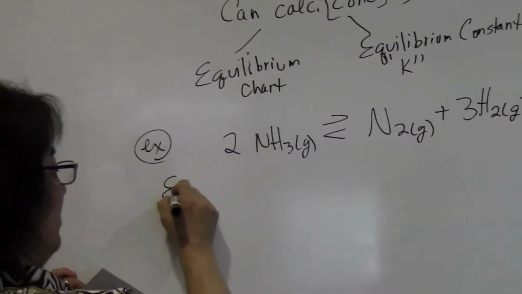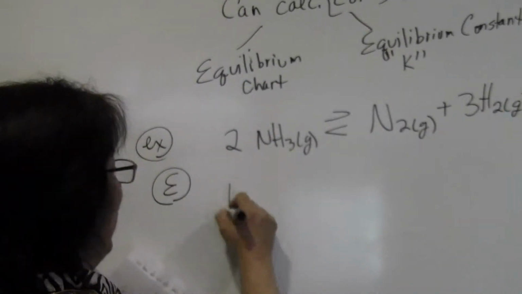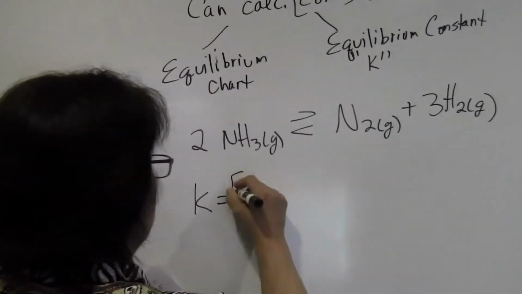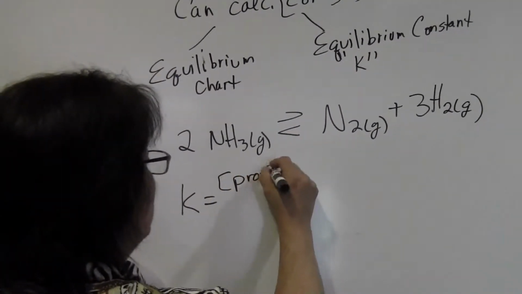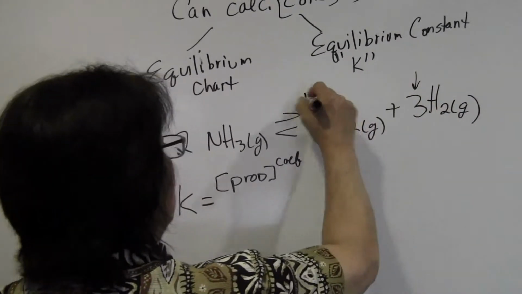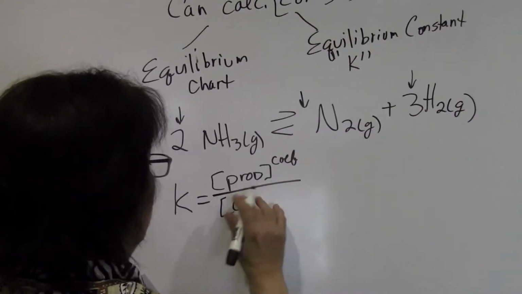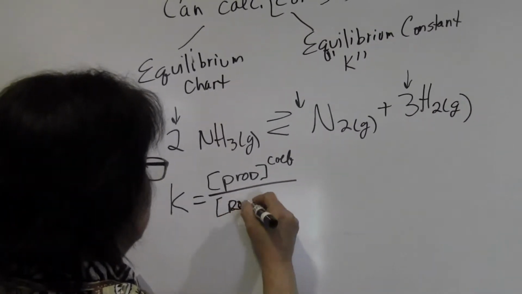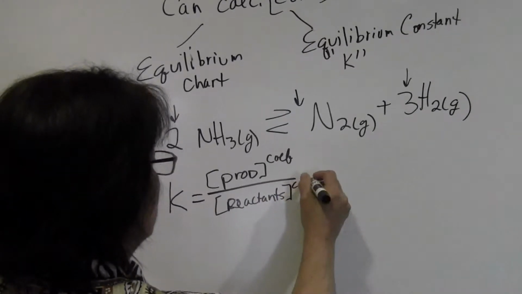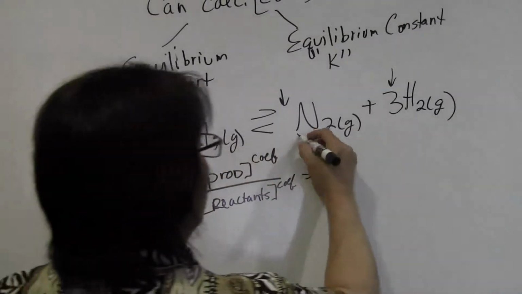At equilibrium, which is that final column in the equilibrium chart, the K, or the equilibrium constant, will be equal to the products, each raised to their coefficient in the equation, over the concentrations of the reactants, raised to their coefficients in the equation. So for this equation, at equilibrium, these are our products.